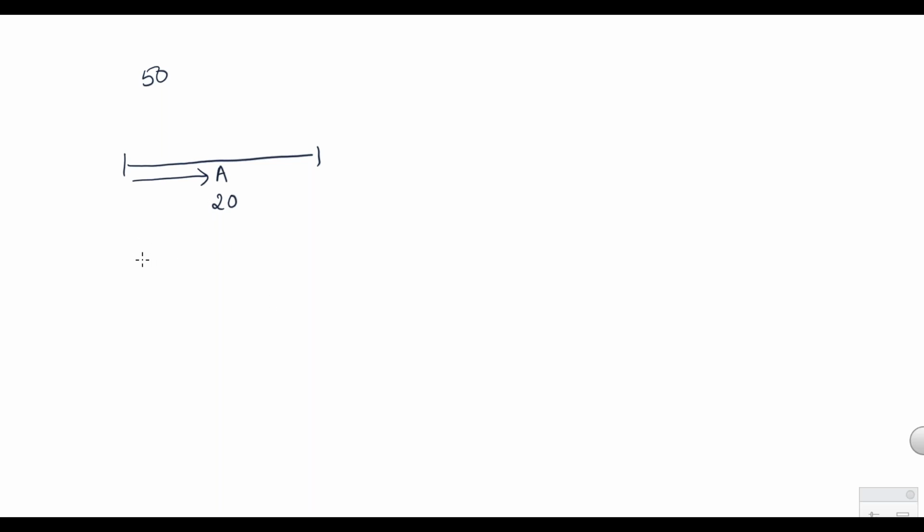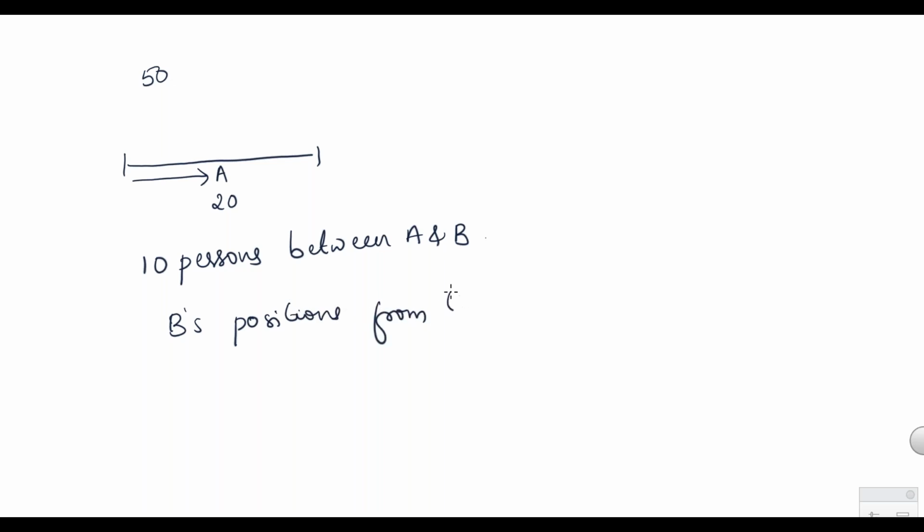And there are 10 persons between A and B. Then what is B's position from the left end?